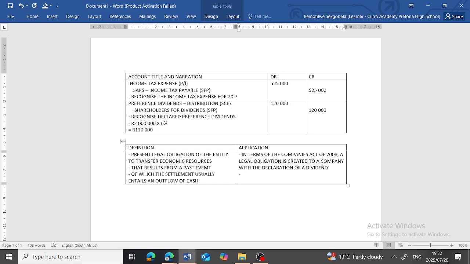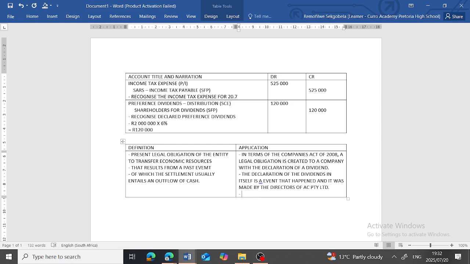The past event is the declaration of the dividends in itself, an event that happened, and it was made by the directors of ABC. Is it ABC? Or no, it's ACPTY Ltd.